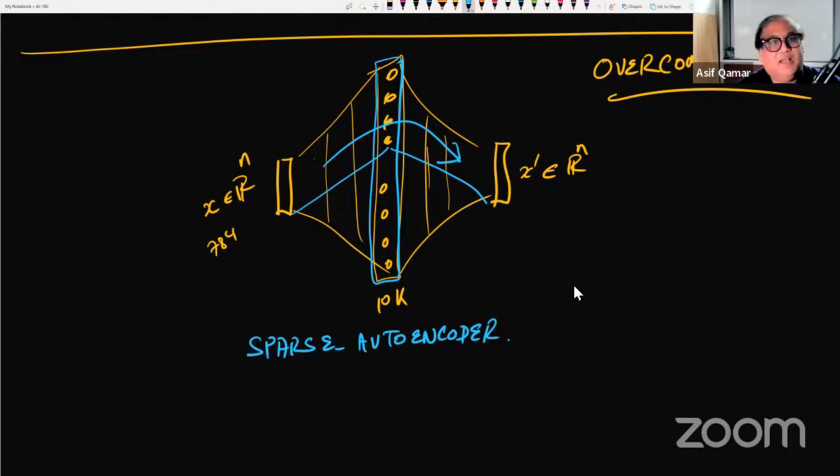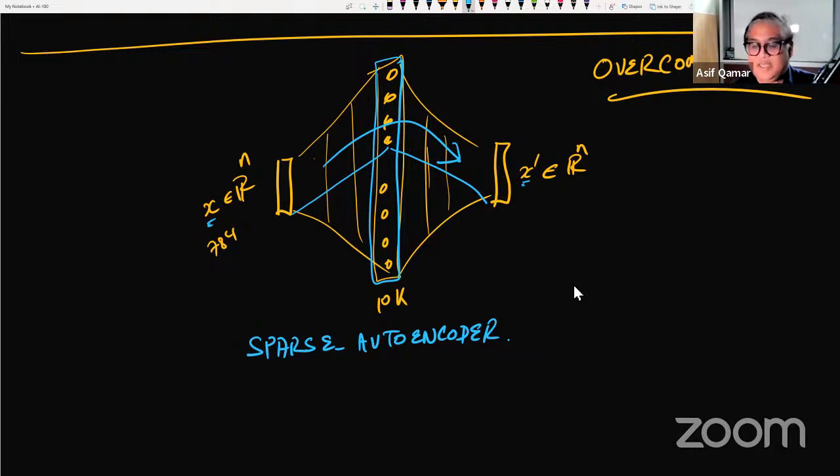If I give it an input, they're not dead always, but for one particular input, only some of them should light up. Are we together? The other ones should be zero. And when you think about it, things like ReLU really help. Negative values will be zero, so it's very easy to implement sparse autoencoders.